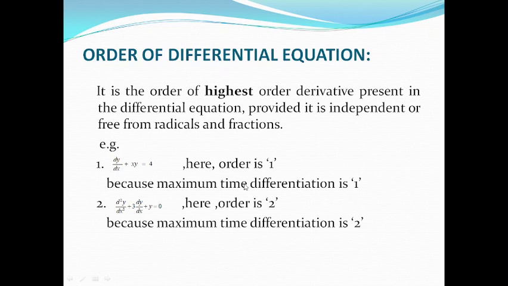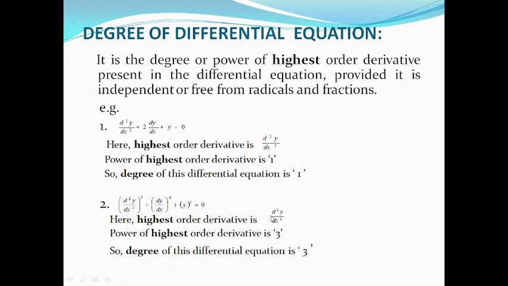The maximum differentiation is 1, therefore order is 1. In the same way, we have one more example: d²y/dx² + 3 dy/dx + y = 0. Here the dependent variable is differentiated a maximum of 2 times. Therefore the order of this differential equation is 2.